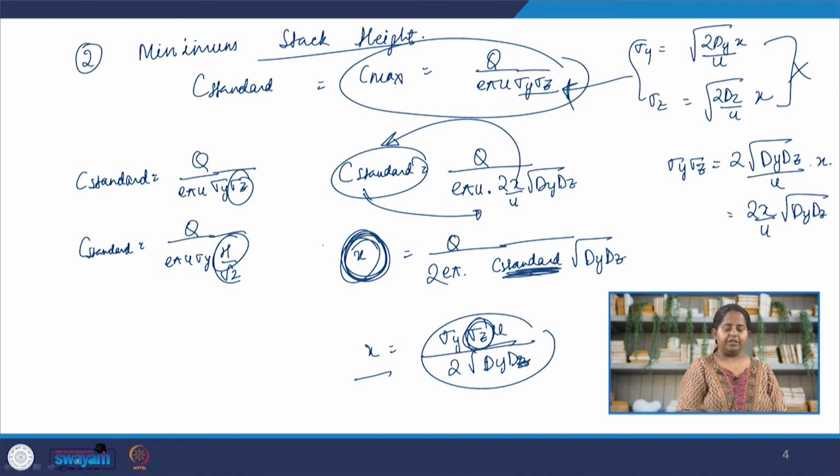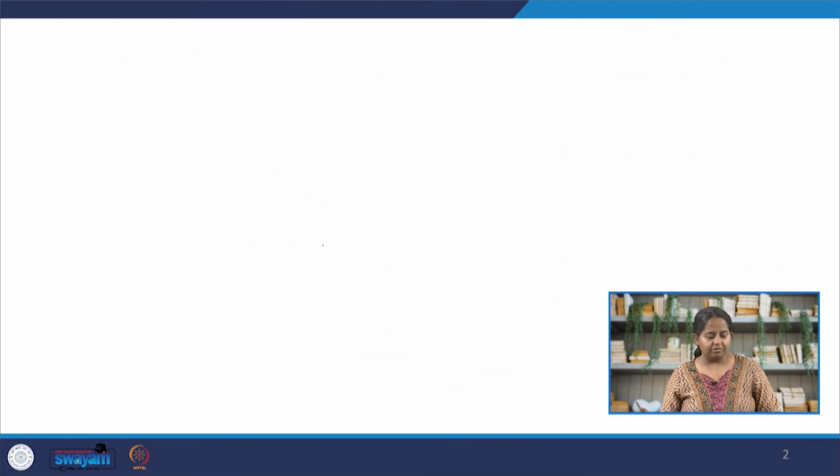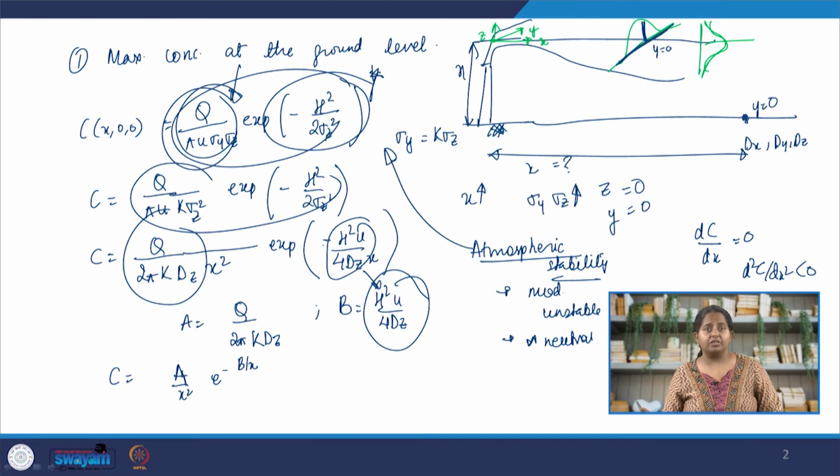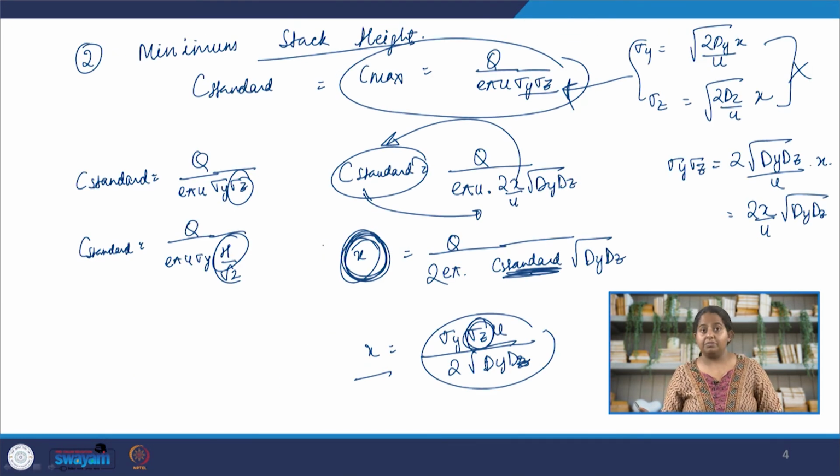This is how you are going to find out the value of h, the minimum value of h that you need to make sure that safety is maintained, people are safe. So these are the two applications of the Gaussian Plume model. The first one is to find out the maximum concentration at the ground level, and the second is to find out the minimum stack height.